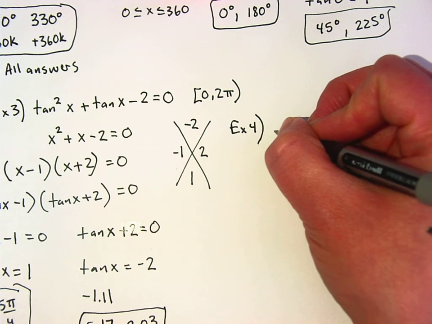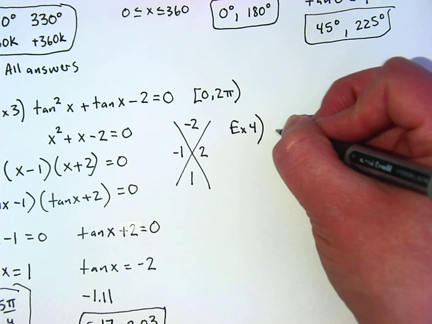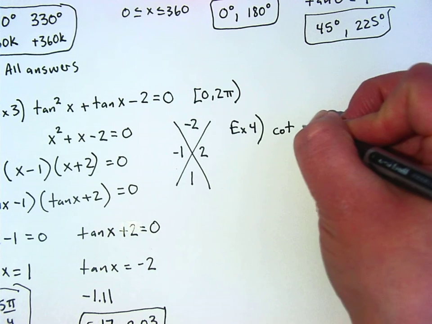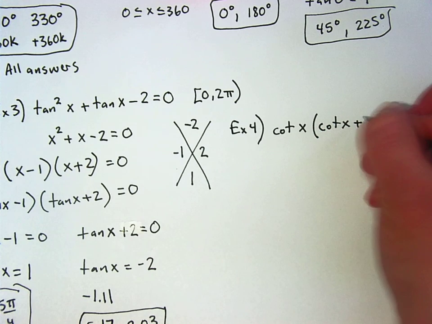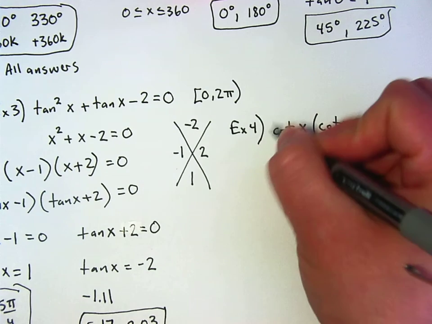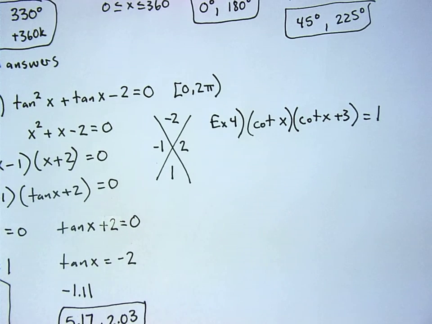Okay, hint. What could possibly be happening for the next one? All right, cotangent x times cotangent x plus 3 parentheses equals 1. Can we set them equal to 0 right away? Why?